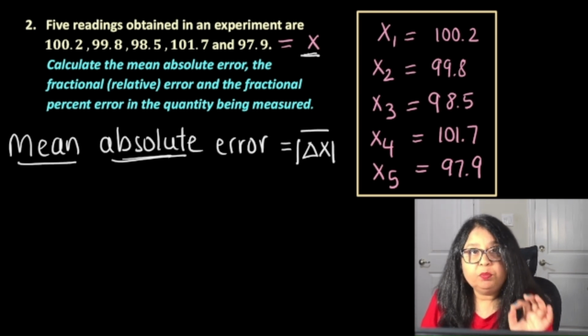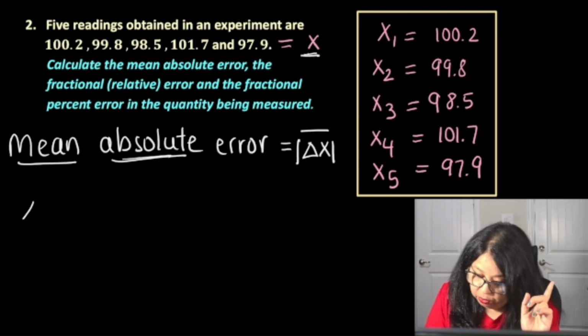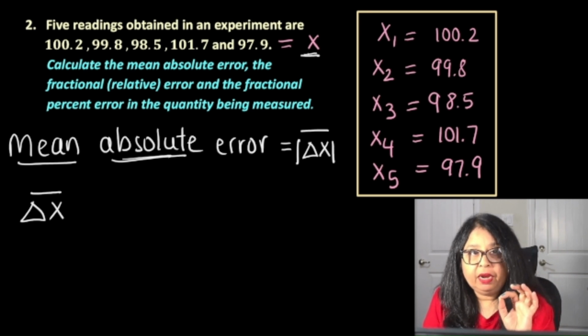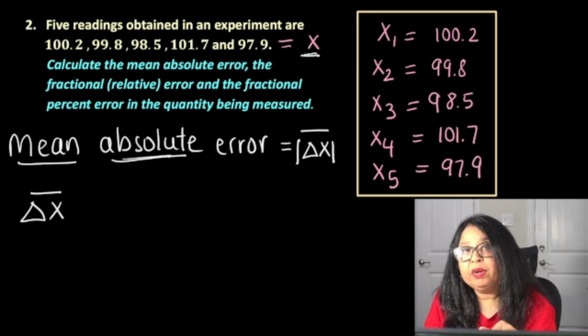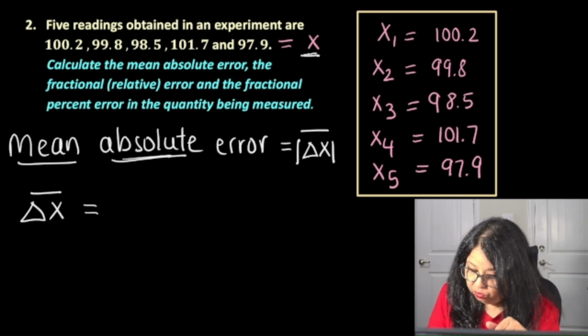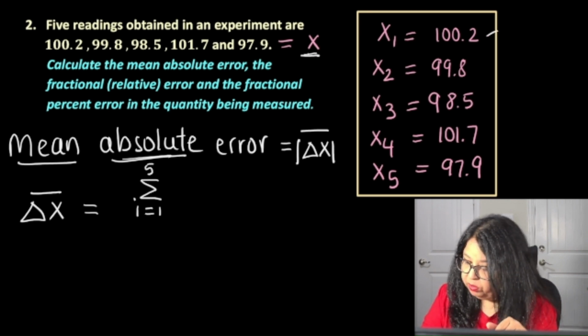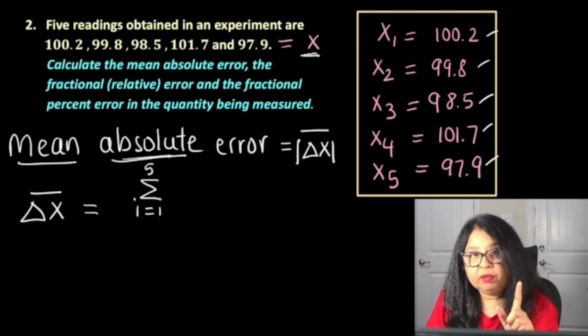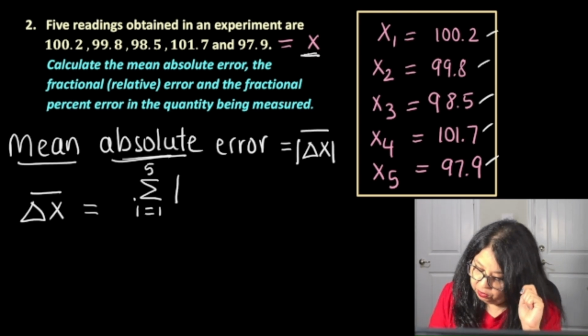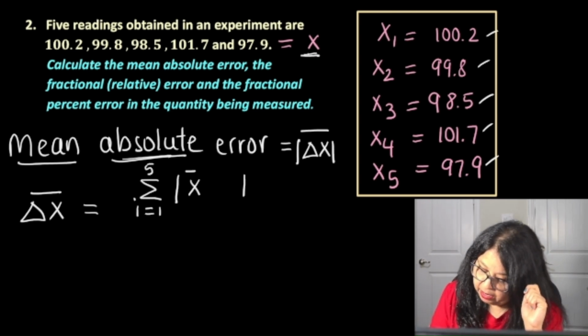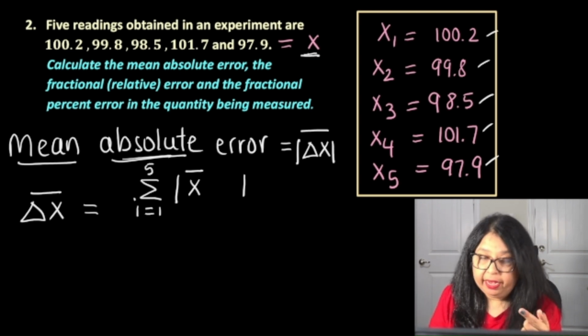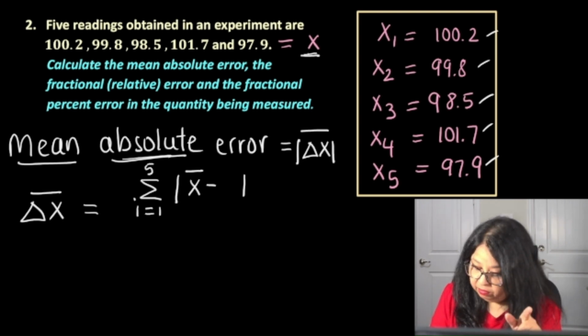So just like we did in the previous problem, we're going to write down the formula for delta x bar, the mean absolute error in x, in its compact form first. That is the summation, i goes from 1 to 5, because we have 5 values of x, of the absolute difference between x bar, the mean value of x, minus xi.